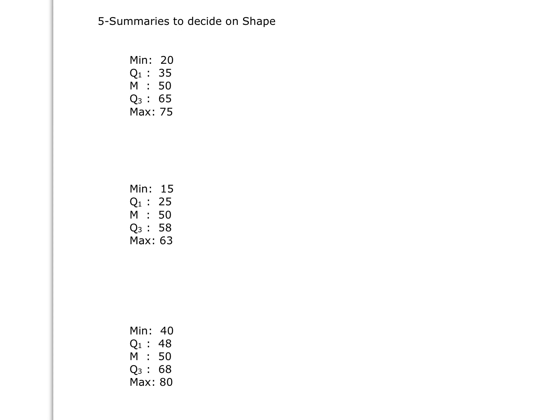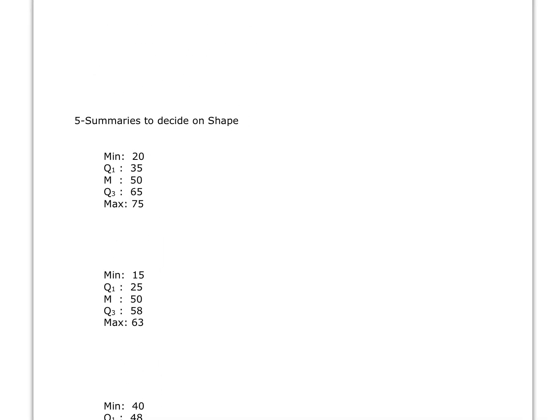So visually, remember when we talked about this, I pointed out that if we are looking at a box plot, what we want to compare is the distance from our median out in each direction to our quartiles.